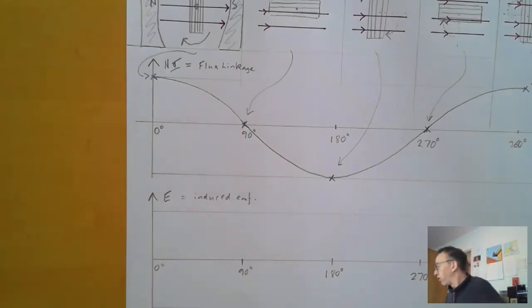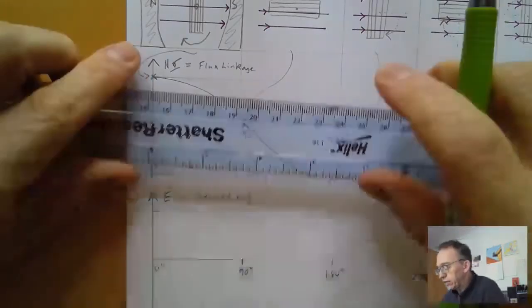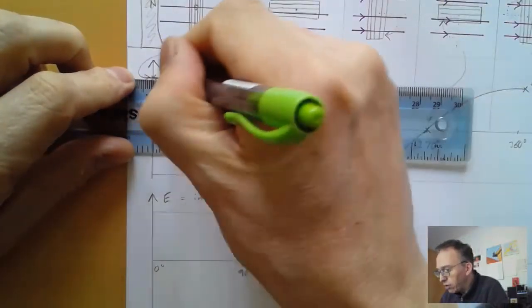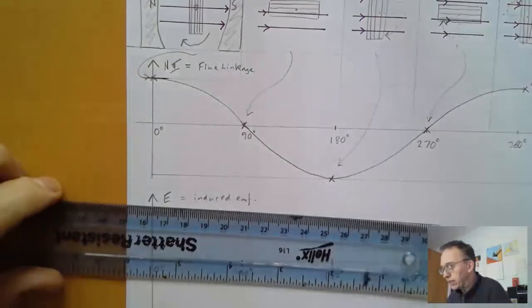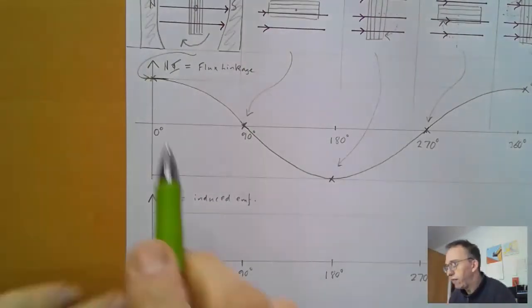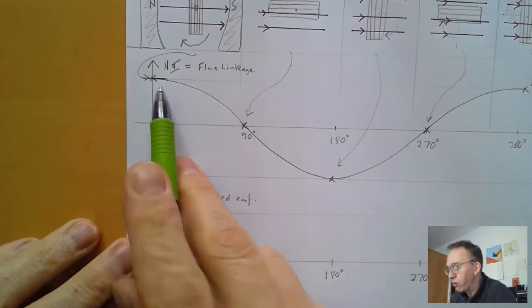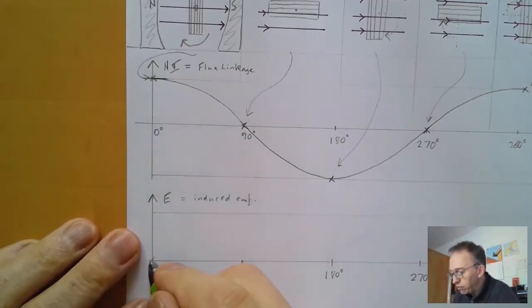Now, if we plot gradient, I think I'll change color to green. When theta is equal to 0, the gradient is 0. Therefore, the rate of change of flux linkage with time is 0. Therefore, the EMF is 0.